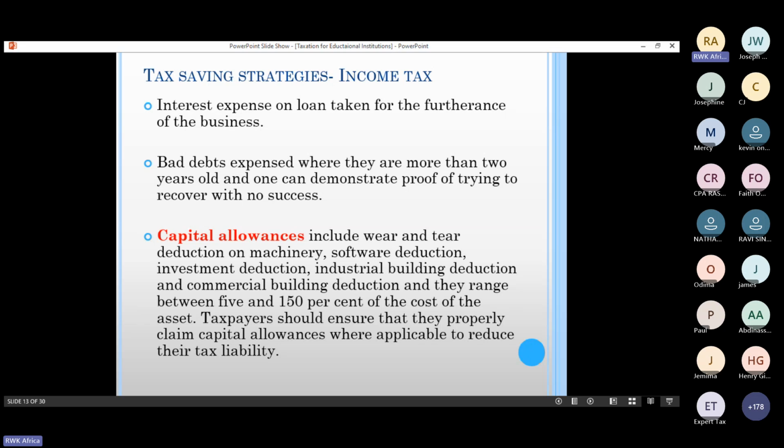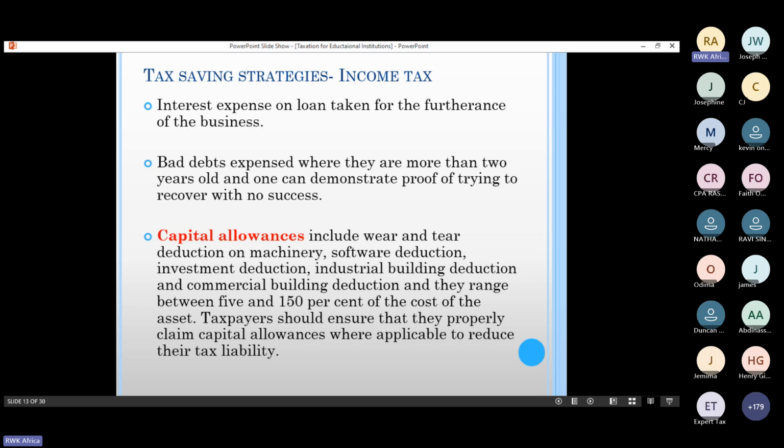Also, for the expenses that we claim, ensure that you have a valid support document to support that expense, because during an audit, KRA would want to see, if you have claimed that you have repairs and maintenance worth 5 million, do you have invoices? Do you have receipts to support that? And because Kenyans are Kenyans, you can get a receipt from anywhere to support that. They would also want to see the mode of payment. They want to see the proof of payment. You paid for this expense totaling 5 million.